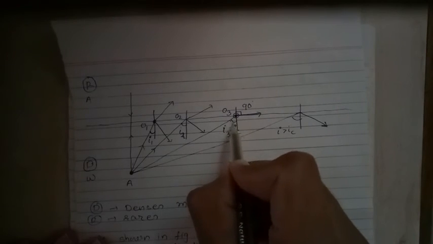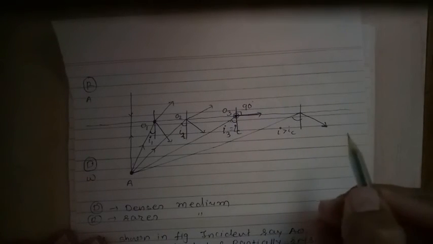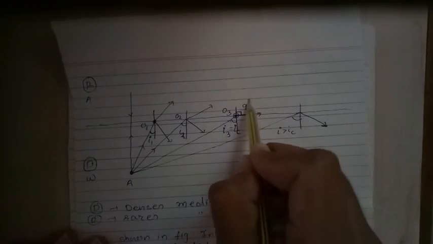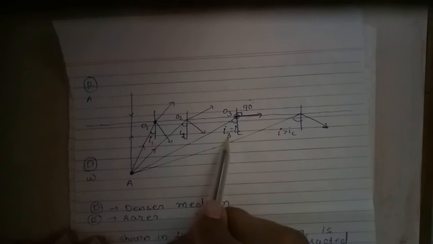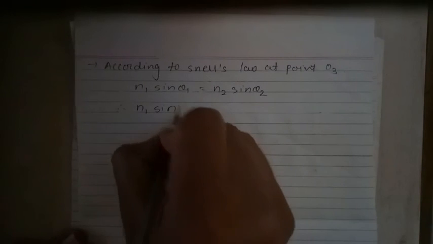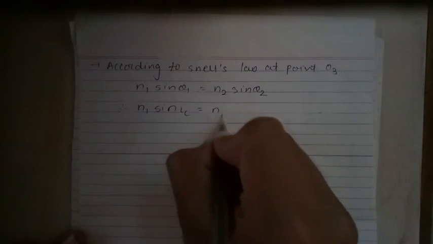So n1 sin theta 1 at point O3, theta 1 is I3 or IC, which is the critical angle, and theta 2 is the angle of refraction, which is 90. So n1 sin IC is equal to n2 sin 90.